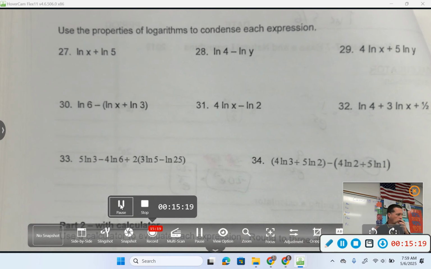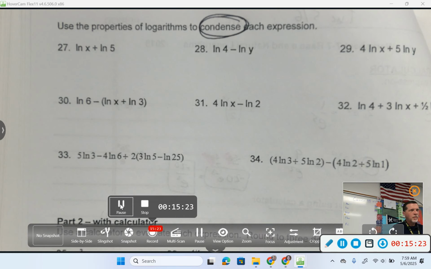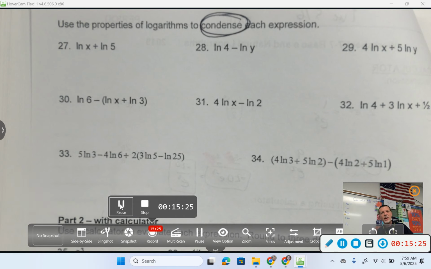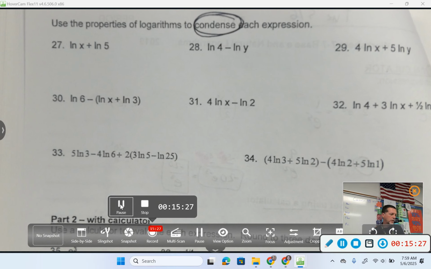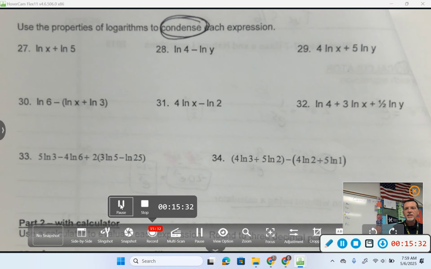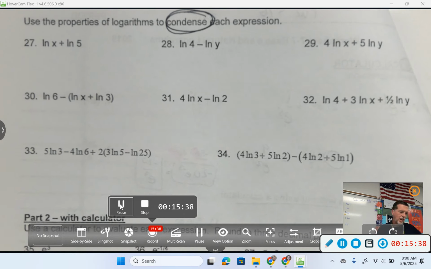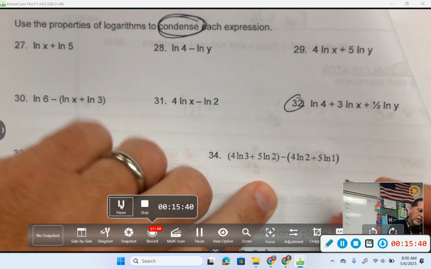27 through 34, use the properties to condense. So it's sort of the same process, but in reverse, right? So now they're spread out, now we want to squish them into one. So is there one you want me to work through? I don't know. You probably don't even need me to demonstrate. But I had 32 circled, so I'll do 32.